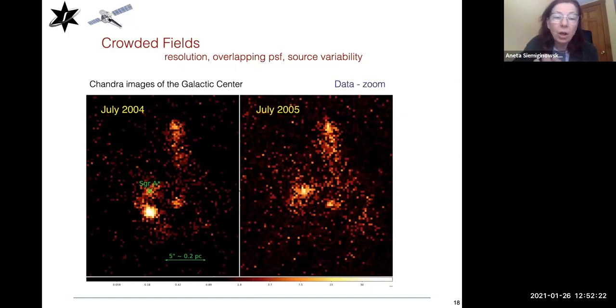If you go even closer, in this case we separated the observations from two different epochs of the same region. One is July 2004, and the other one is July 2005. When you compare these two, you can see that this bright spot in the left image disappeared in the right image. When we merged all the observations together, we didn't see that separation.